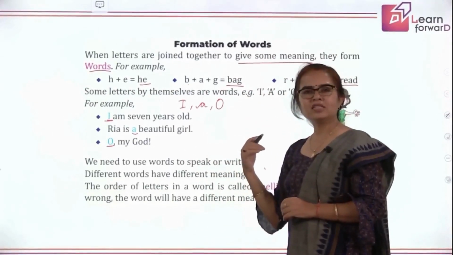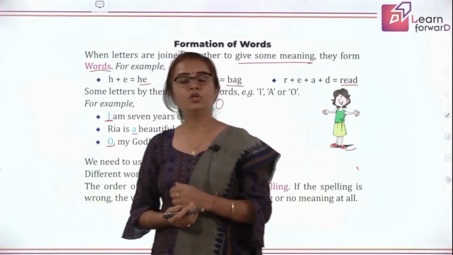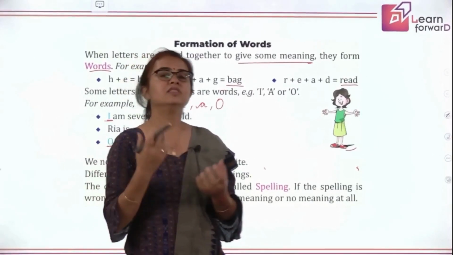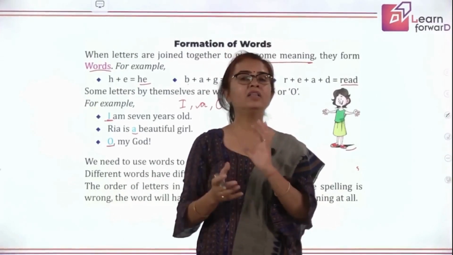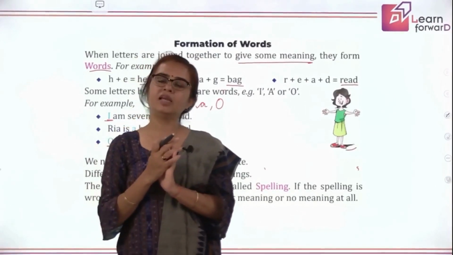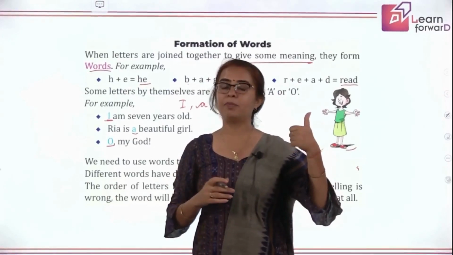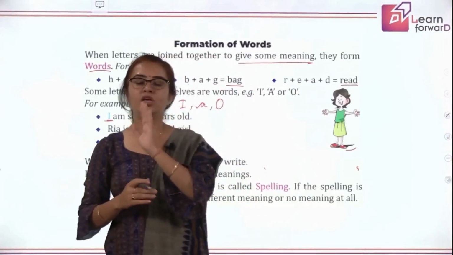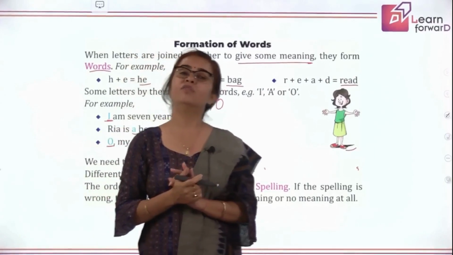Now the next is, why do you need words? You need words to speak or write something, right? Just like we join bricks to get walls and the walls together make up a building. Similarly, in your English language, the letter is the building block, that is the brick of your language. When you join these letters, you get the walls of the English language, which are words.